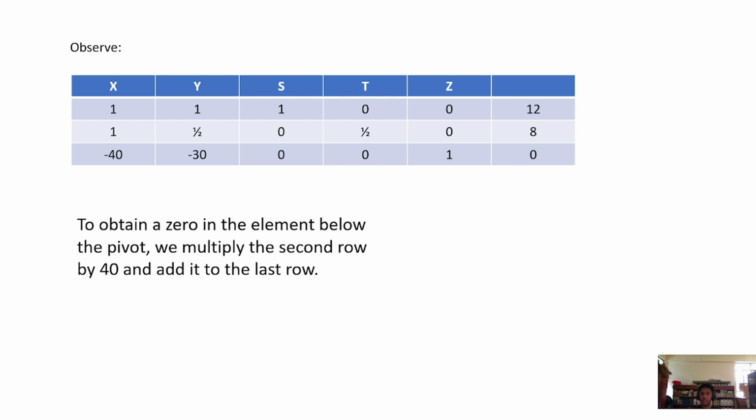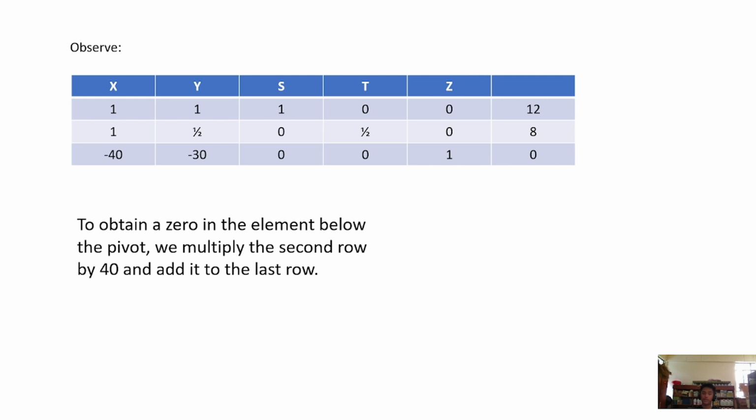We obtain x equals 8, s equals 4, and z equals 320. In the context of the problem, it reads that Richard worked 8 hours at job 1 and no hours at job 2, where the profit Z will be 320 pesos.